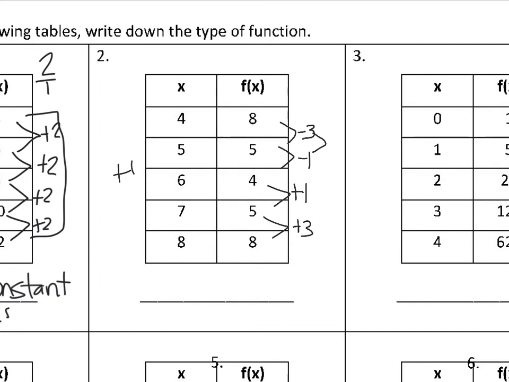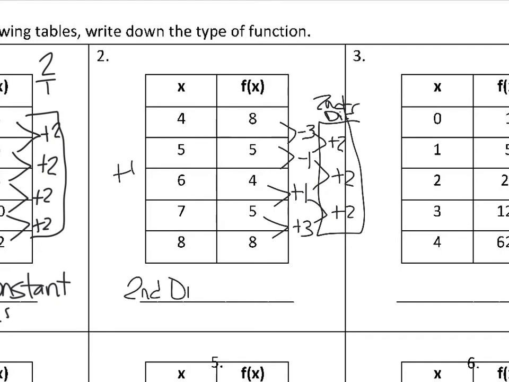If you look here, we're adding 2, adding 2, adding 2. 1 plus 2 is 3. -3 plus 2 is -1. So my second difference is constant. Our second difference is constant, so it's quadratic.